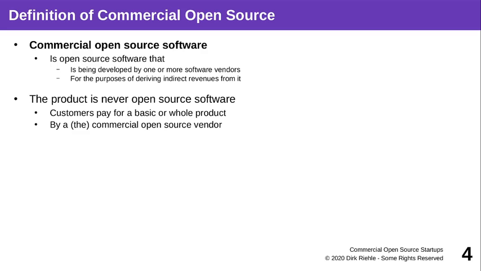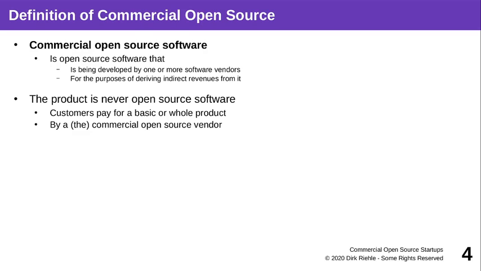It's actually not that easy to come up with a definition. Mine is: commercial open source software is open source software that is being developed by one or more vendors, so there are companies behind it, for the purposes of deriving indirect revenues from it. The crux of this definition is open source software itself, because of the open source license, is always free to use, so you can't make money off it really.